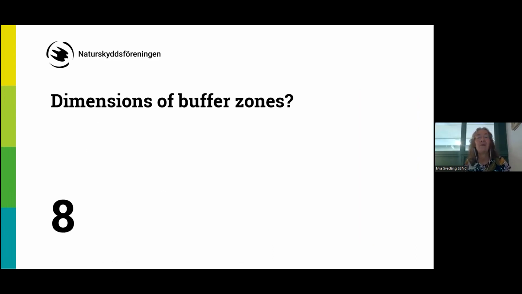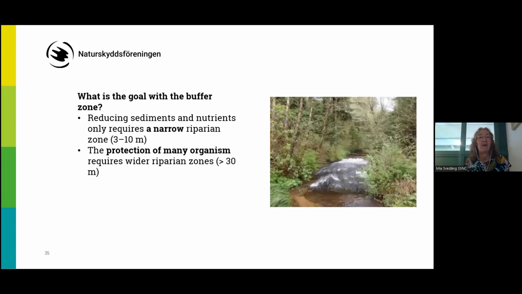So I already talked a bit about the dimensions, and when you want to arrange a buffer zone, maybe you want to know how broad should I make it. Then you have to know what is the goal with the buffer zone. If it is to reduce sediments and nutrients in the water, it only requires a quite narrow riparian zone.